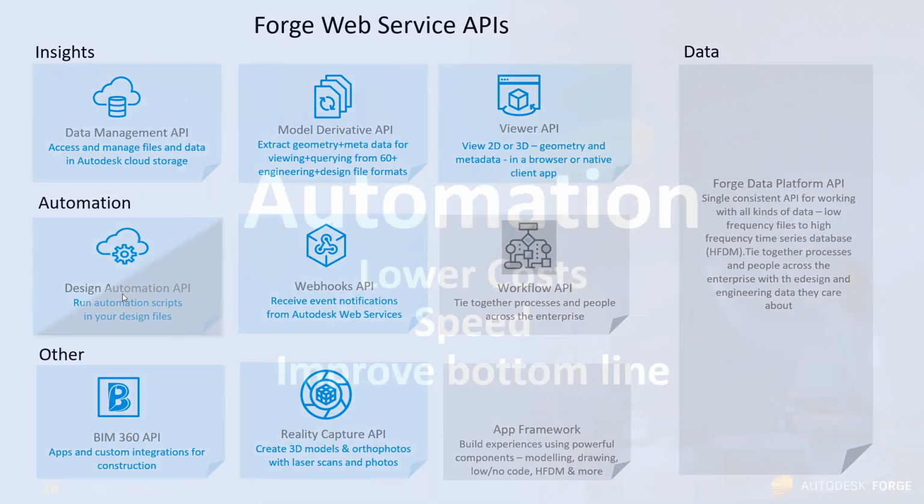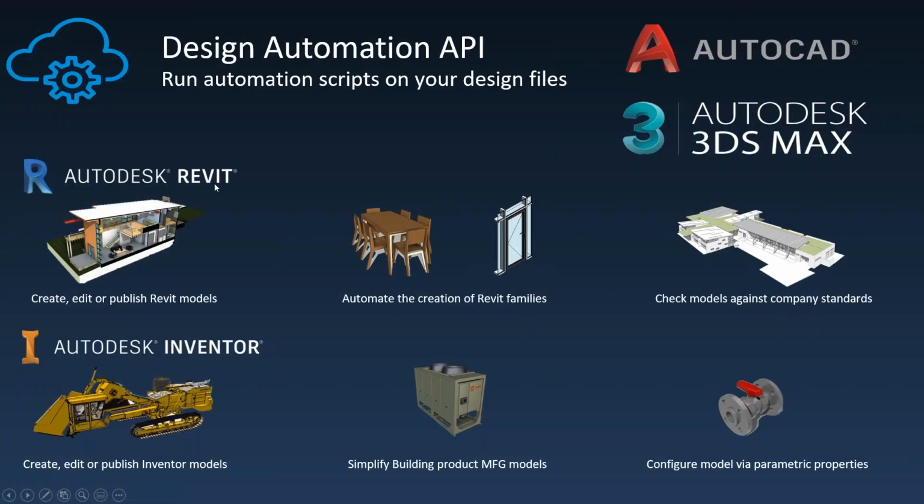So what is design automation? Design automation is essentially, in a nutshell, Revit in the cloud, Inventor in the cloud, AutoCAD in the cloud, and 3ds Max in the cloud. That means we can send a routine to Revit in the cloud and say, you know what, do something with it. So imagine I have a Revit file that gets into BIM 360 in a specific folder with just a model, just one basic 3D view with everything inside, no sheets, no 2D views, no nothing.